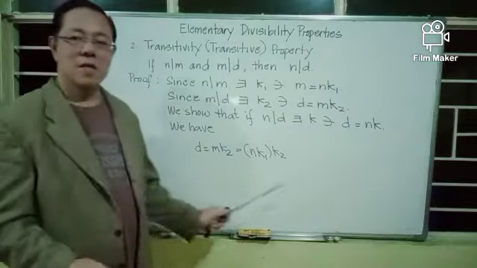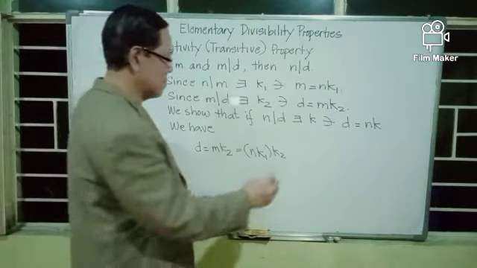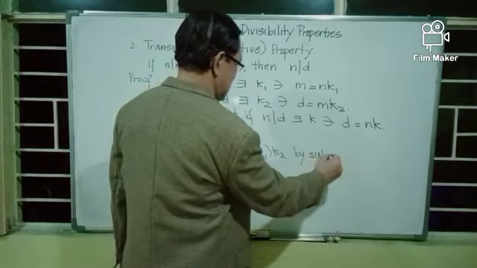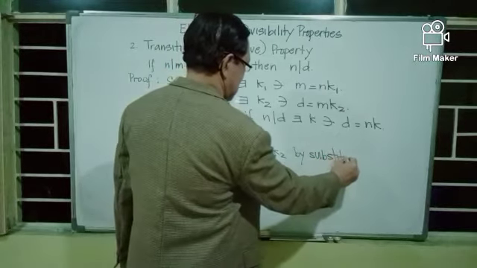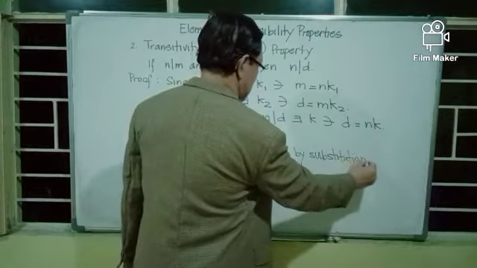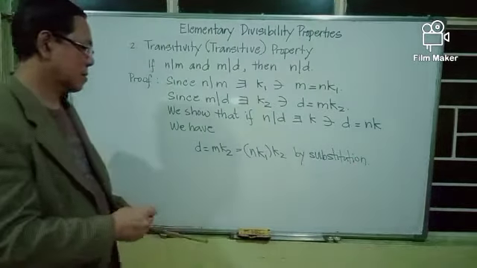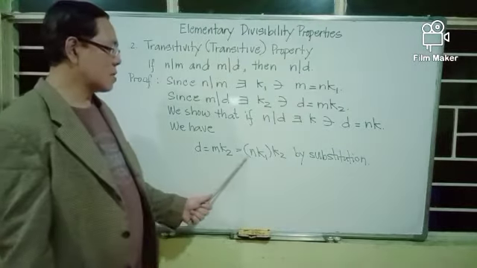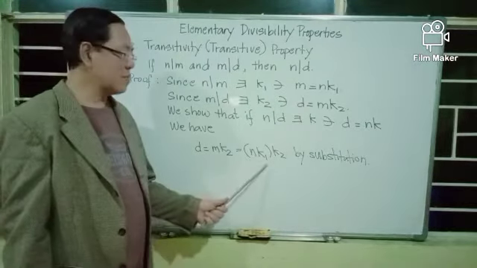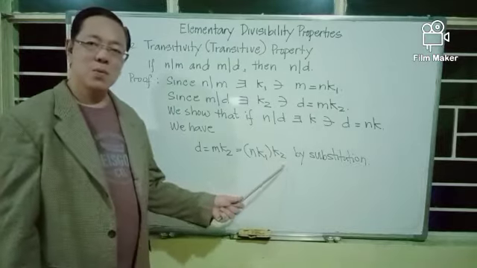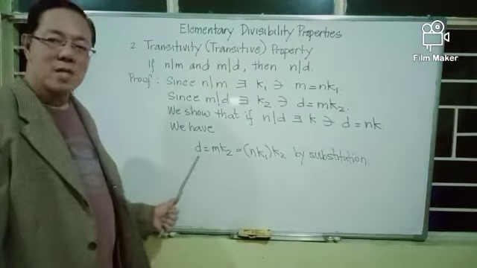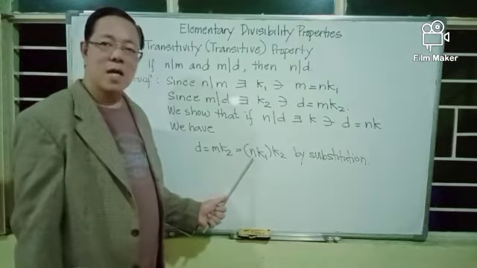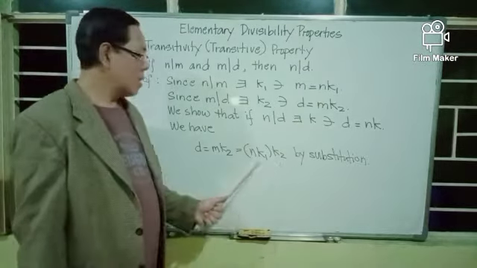And our reason here is by substitution. Now we have d equals quantity n k1 multiplied by k2. Again, the integer d is equal to quantity n k1 times k2.